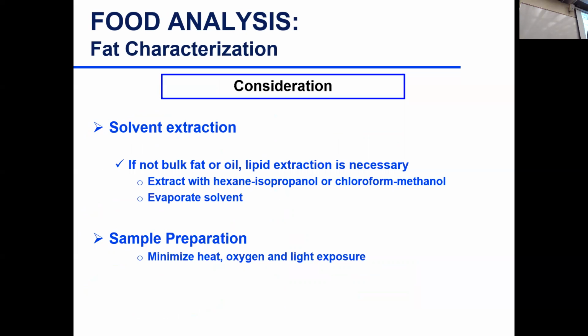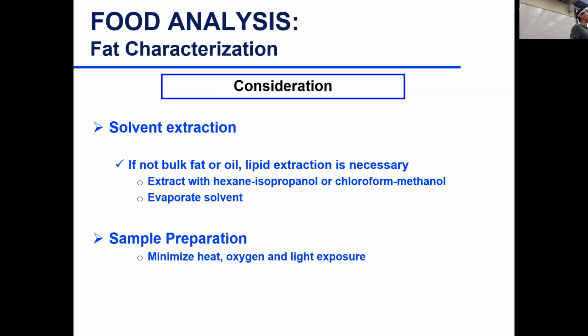Yes. Could you just look over the iodine value? Yes. So the iodine value, we're going to have a few slides on it, but very quickly, the iodine reacts with double bonds. So it's a measure of degree of unsaturation. The higher the iodine value, the higher the degree of unsaturation of the oil. And it's used for oil characterization, differentiation between different oils.